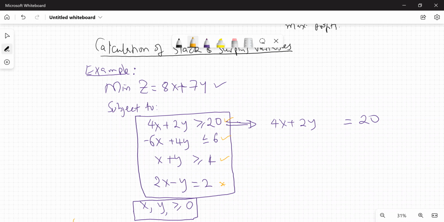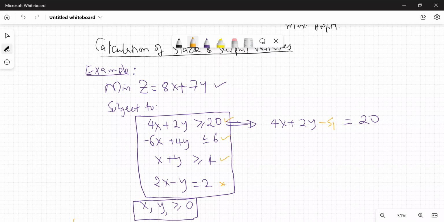In that case, we need to subtract something. Because the left-hand side is either greater or equal to 20, so it's either 20, 21, 22, 23, 24, like that. For us to make it 20, we must subtract something, which we are calling S1. This S1 can be 0, but cannot be negative.